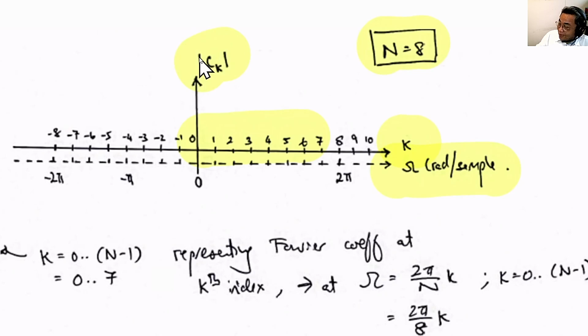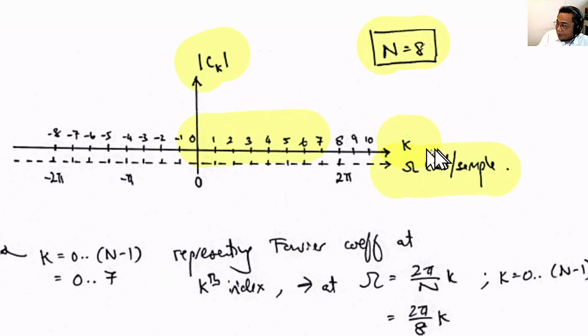What about C8 and so on, and what about C minus 1 to C minus 8? Later on you'll see it's 2 pi periodic, so C8 is the same value as C0. C9 is the same value as C1.